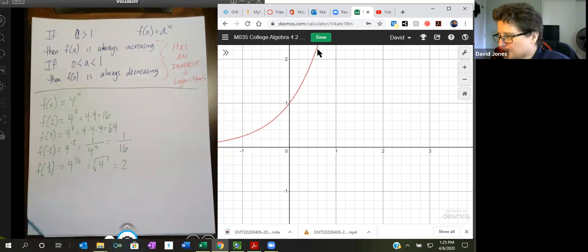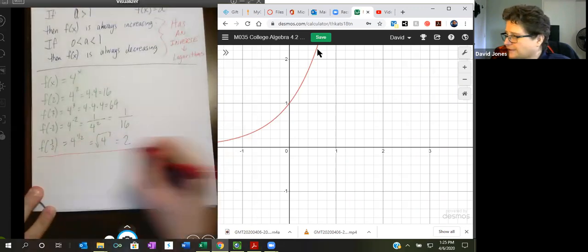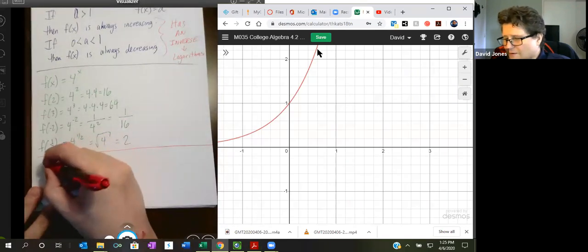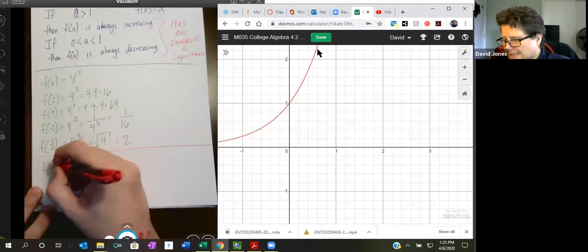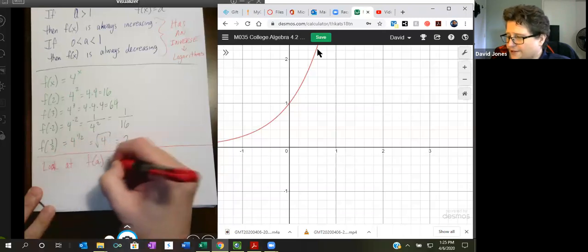A fun fact you didn't necessarily know, and it's interesting. Look at f of a equals a to the 5th power.